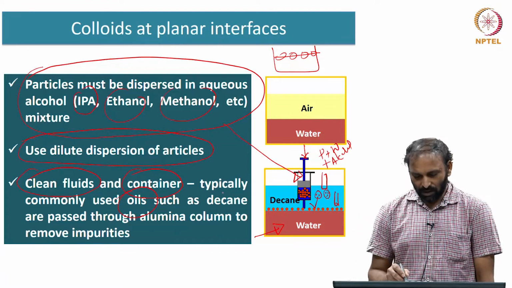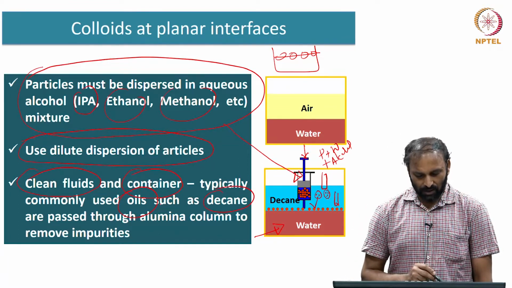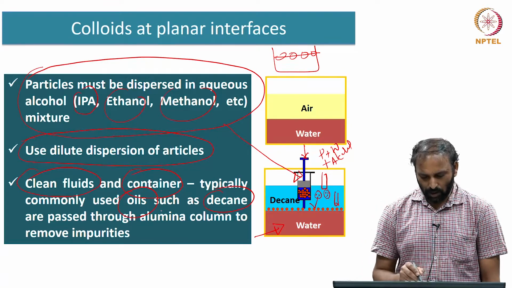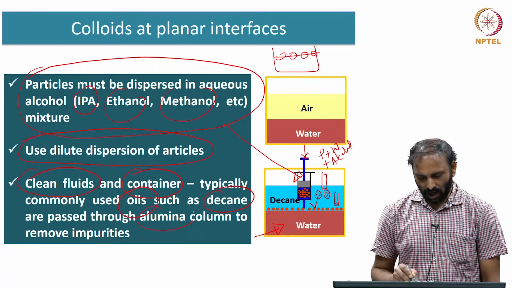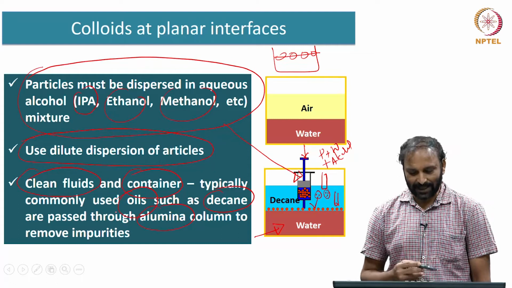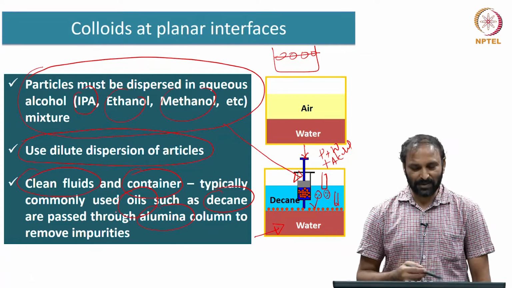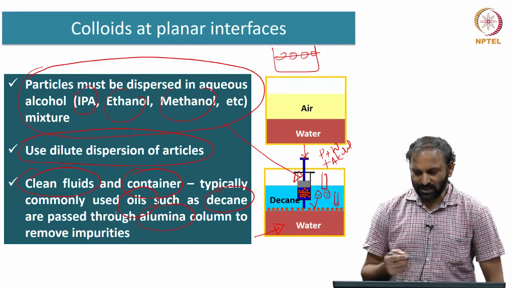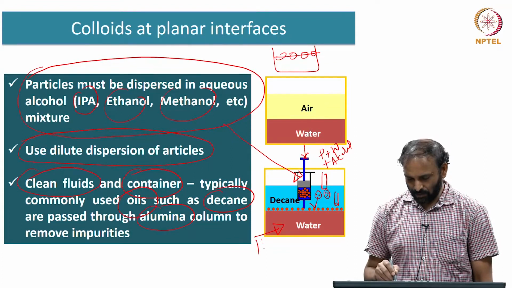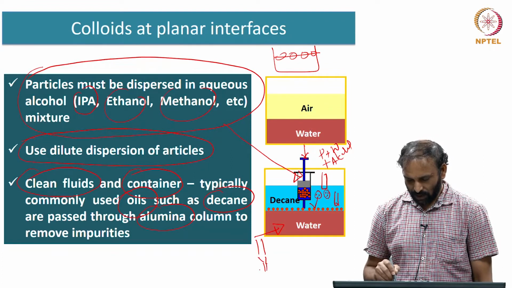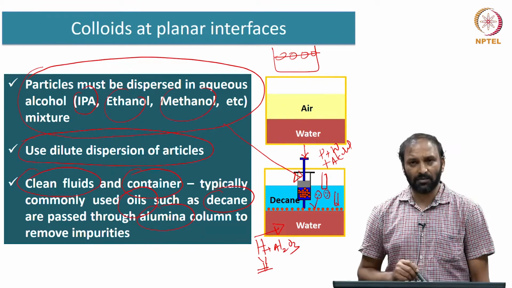For example, decane is passed through a column that contains alumina to remove any surface active impurities that may be present in the system. The arrangement could be as simple as a burette filled with alumina particles.